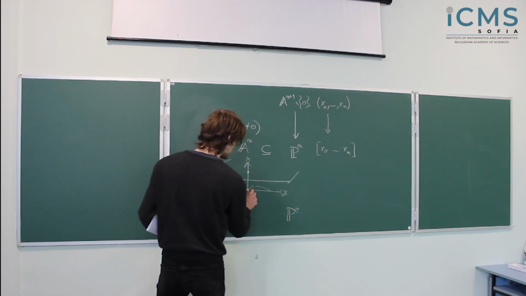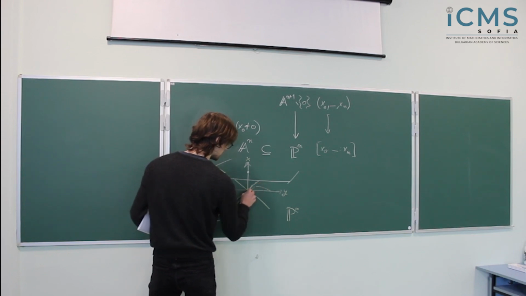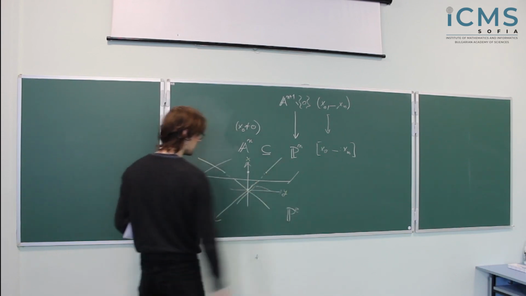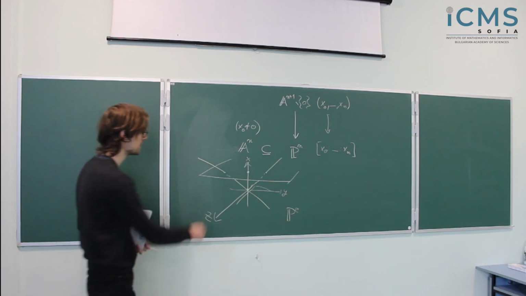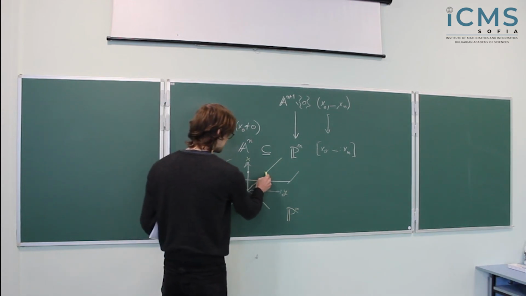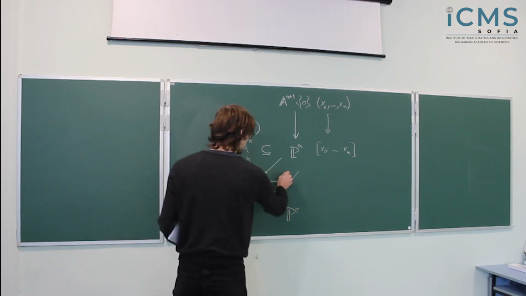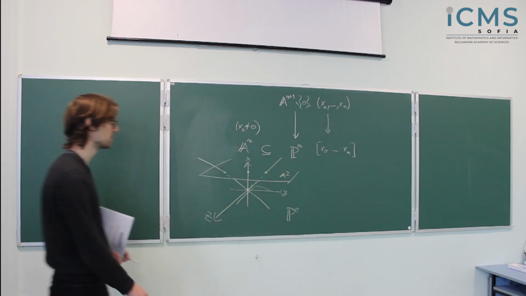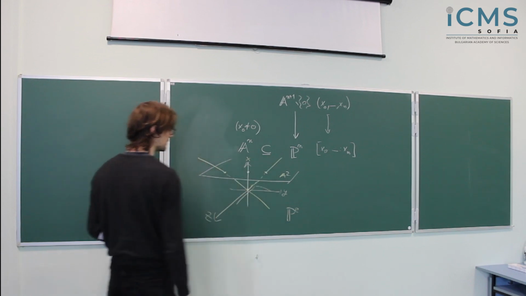These are not standard coordinates, but let's just assume that. So every line which is not parallel to this plane will intersect this plane in only one point. So these points of the parallel lines will be different from each other. So this will be a chart.